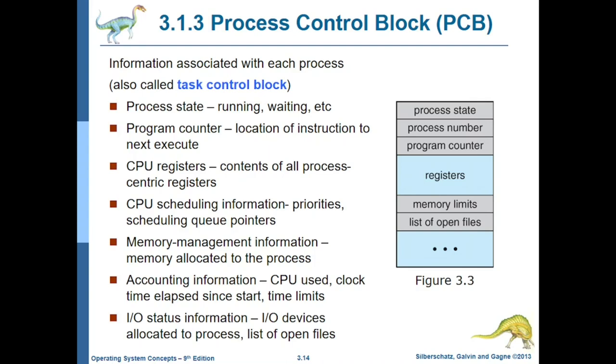The sixth component is the list of open files, which shows the files that are associated with the process and their status. The seventh component is the CPU scheduling information, which includes the priority of the process, pointer to the scheduling queue, and other scheduling parameters.